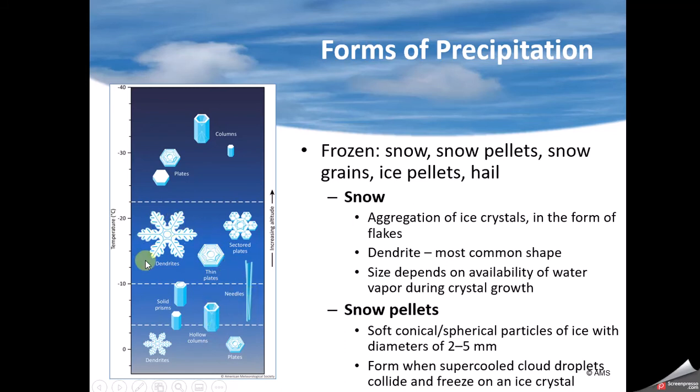So it really depends on the temperature of the atmosphere as to how much snow you may get. Say your snow was all forming at minus 30 or below, it would be very tiny particles and may not accumulate that much because it kind of compacts more. Whereas dendrites, on the other hand, are big, fluffy flakes of snow. They don't compact as much.